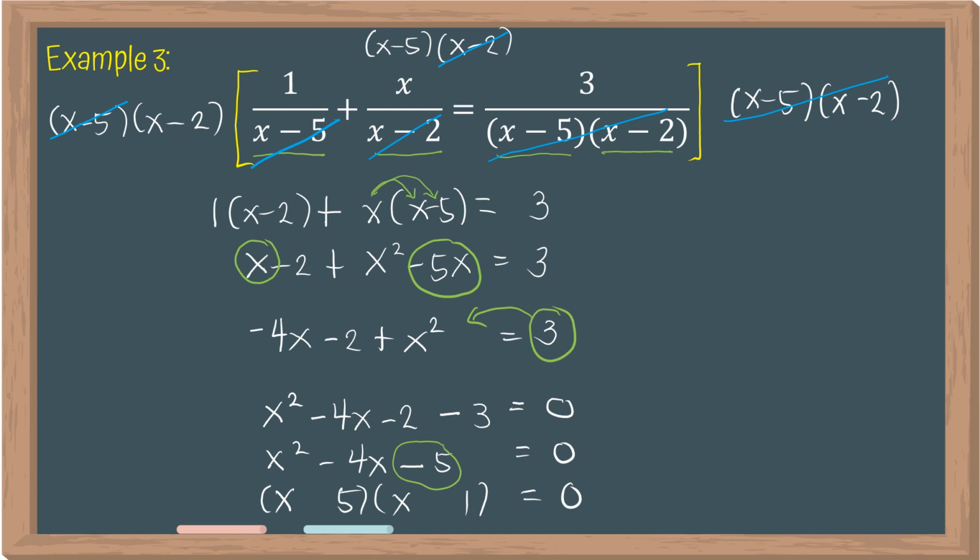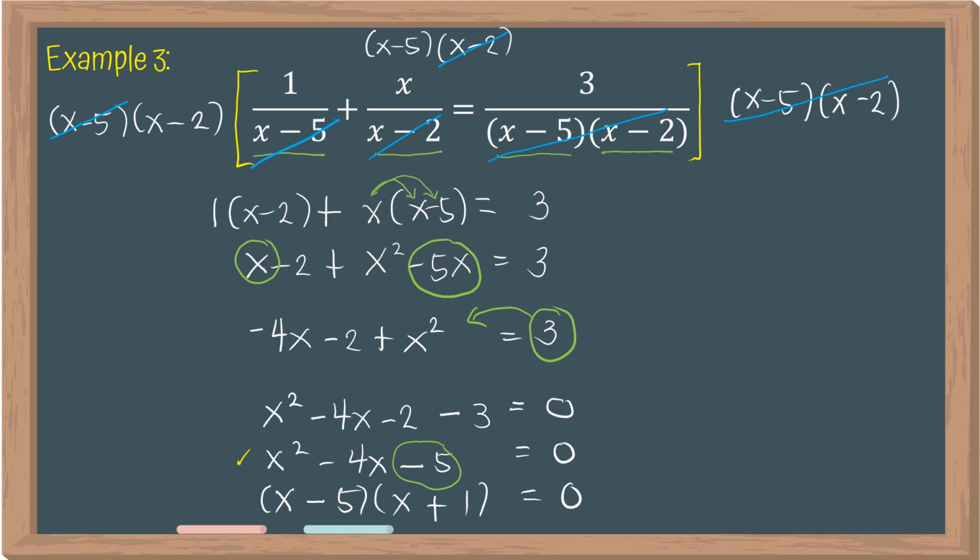So, after that, nakita natin, negative 5 to. So, 1 is positive, 1 is negative. We will have negative 5, and positive 1. Okay? So that will be the factors of x squared minus 4x minus 5.